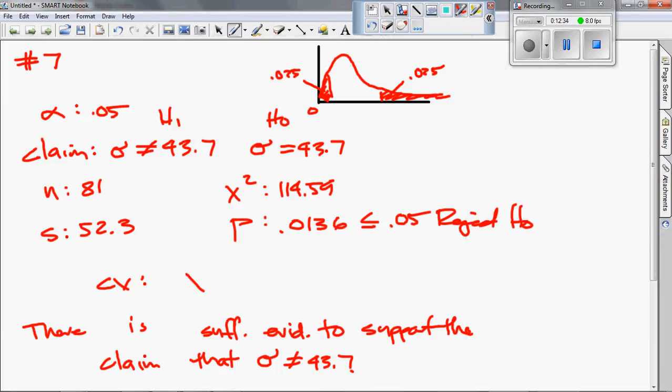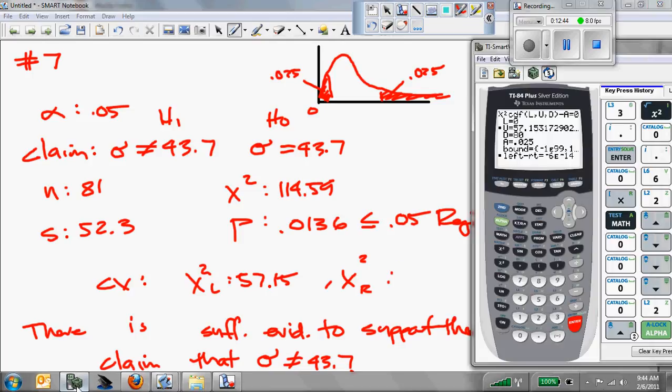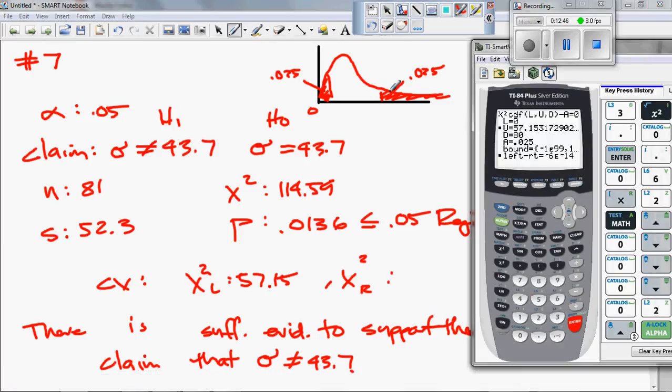So chi squared left, 57.15. And then we have a right chi squared critical value. And all we have to do here is change the area under the curve. If the area to the right of this value is 0.025, that means the area to the left between 0 and this value would be 0.975. So we just change the area to 0.975.